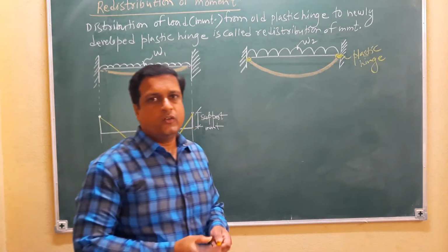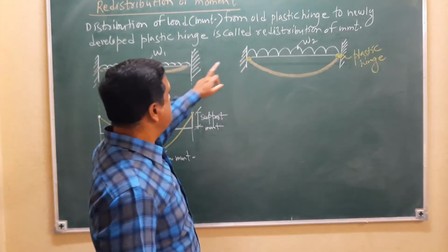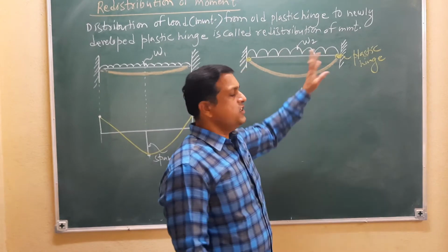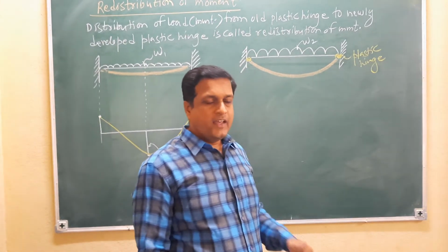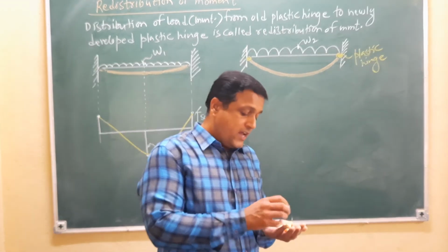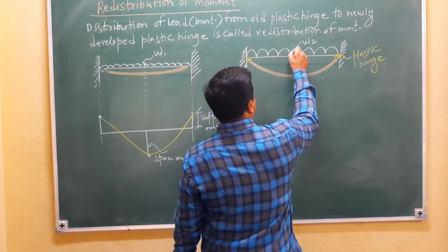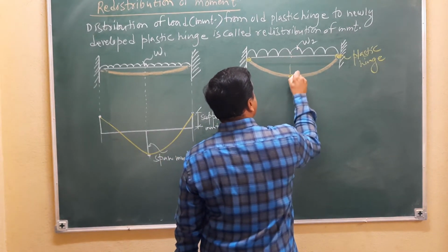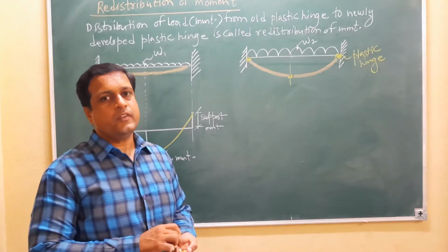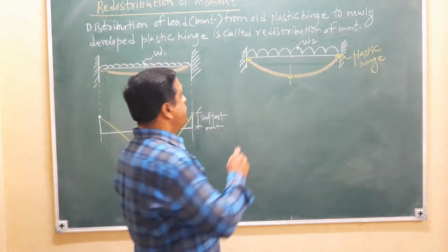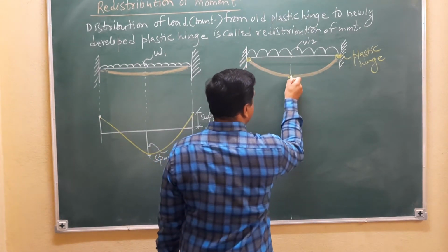Because the maximum bending moment is developed at this location due to fixity, the first plastic hinge is developed there, and after that another plastic hinge is developed at the center of the span.